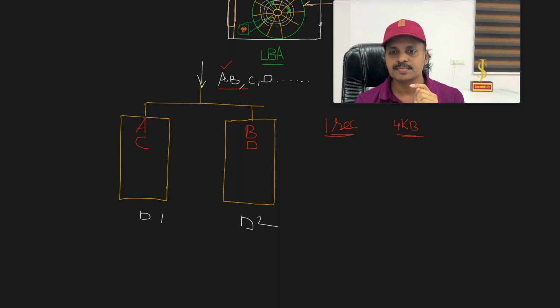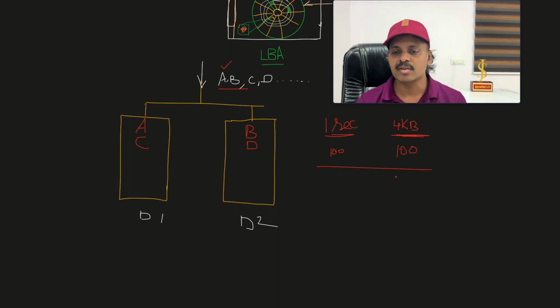Now if I have 100 blocks, how much time will it take? Simple math: if one block of 4 KB takes 1 second, then 100 blocks will definitely take 100 seconds.